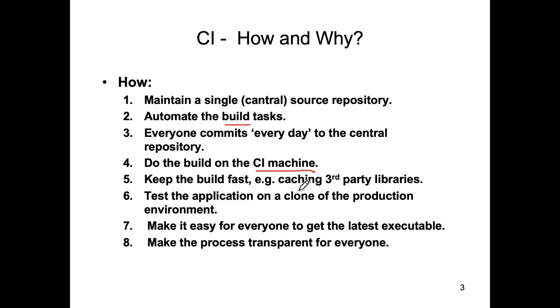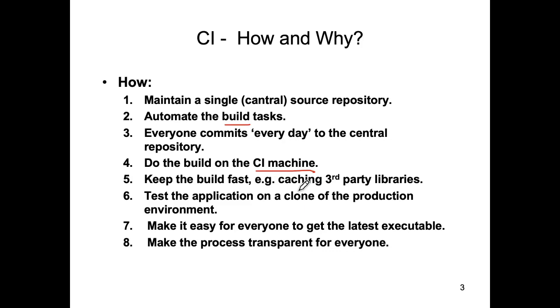And number six, test the application. So the last part, once you've done an automated build and maybe done some automated testing, what you should also do as part of the continuous integration practice is to deploy your application on a server that is configured as close as possible to the production server where the application will eventually be available to your end users.